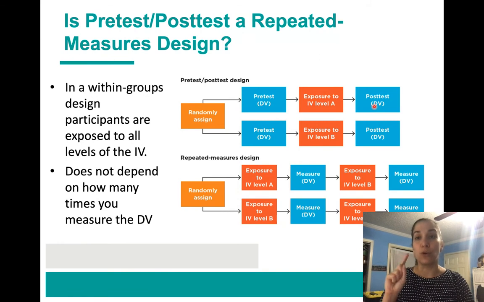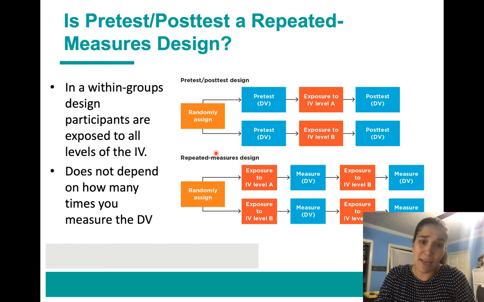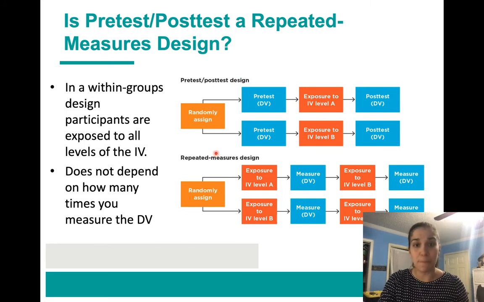If your group is only exposed to one level of the independent variable, it's actually not about how many times a DV is presented or how many times a DV is measured per participant. What is the big difference between a pretest post-test design and a repeated measures design, which is technically also a pretest post-test?